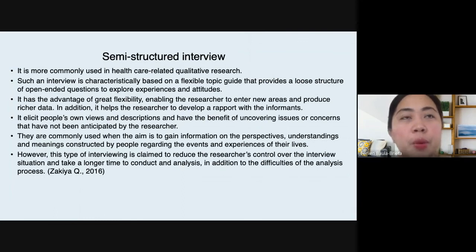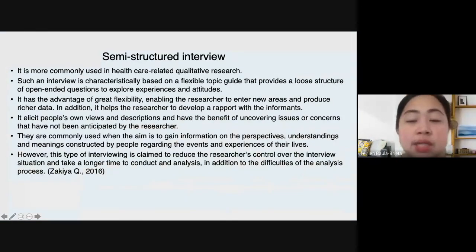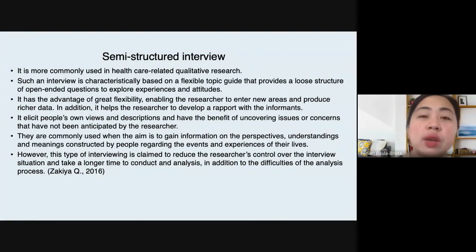You are prepared with structured questions, but you can still deviate and be loose with that questioning with the use of open-ended questions. In other words, you can explore experiences and attitudes. So you can do a semi-structured interview where you just identify main questions and then you have follow-up questions that are open-ended.